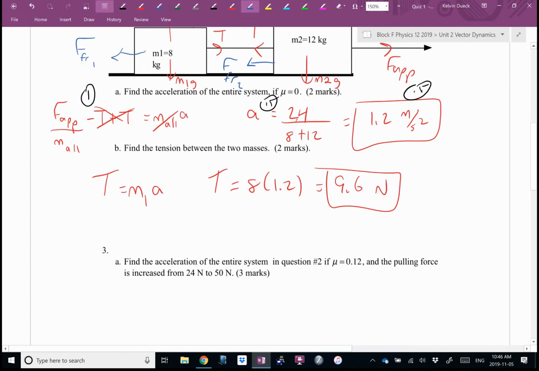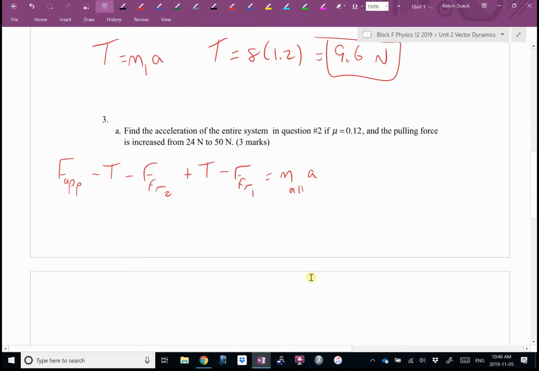So now my equation becomes F applied is still winning, minus tension, minus friction force number 2, plus tension, minus friction force number 1. That equals M all A.